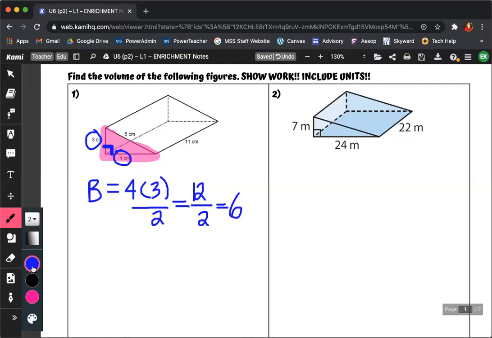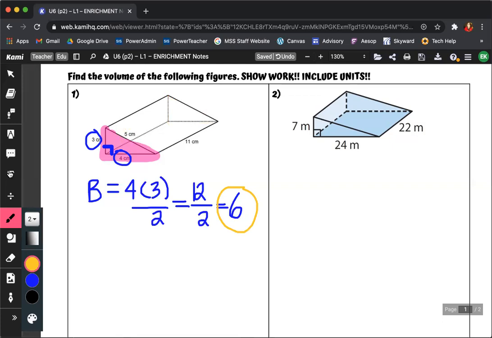And then we're taking that base of 6 and we're going to multiply it by the height of the prism. So the 5 isn't what's connecting our two triangles. That's not what this 5 is doing. That's the other side of the triangle.